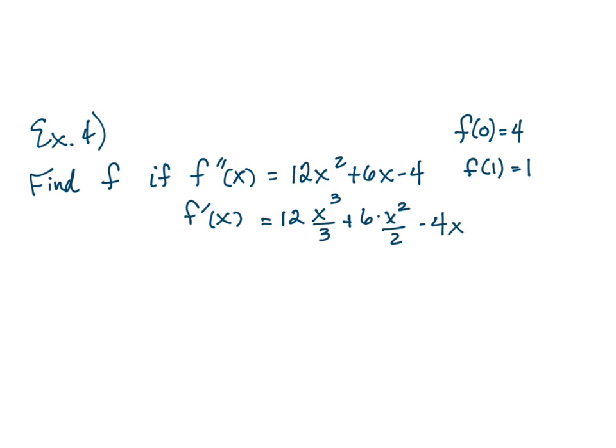If there wasn't an x, it's a constant, which means I've got to give an x to it: x to the first power over 1, just x, plus c. Okay. At this point, guys, I don't plug in the 0 and solve for c, because this is f of 0. If it had said f prime of 0, then I could put that 0 in here. But this is f of 0, and what I have right here is f prime.